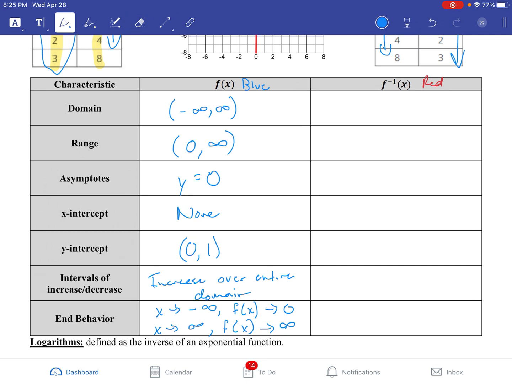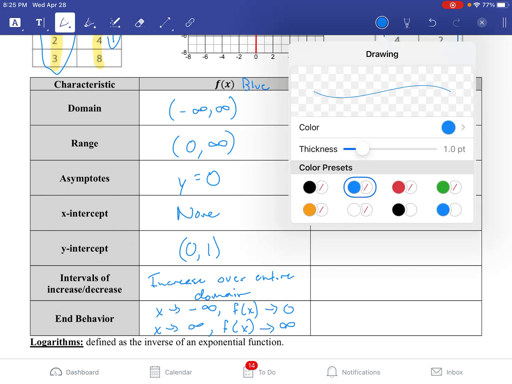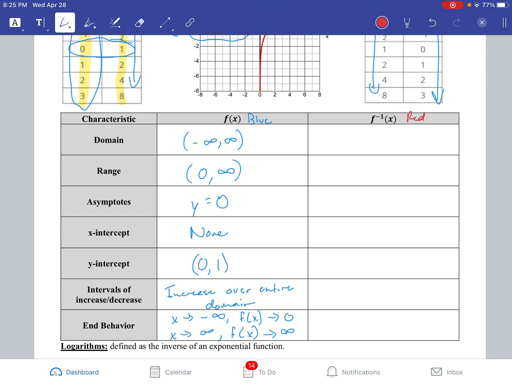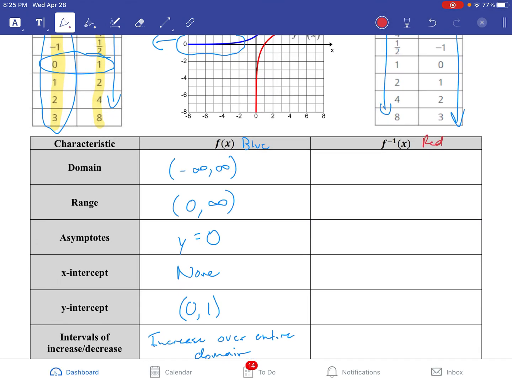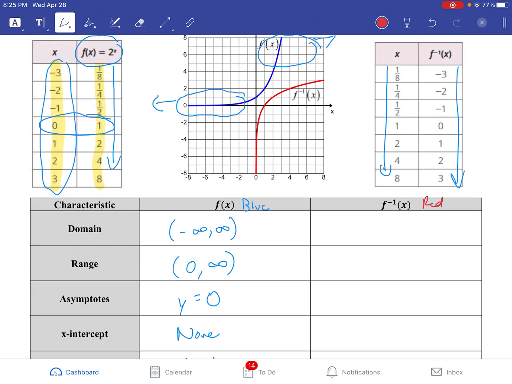Okay. Now let's look at the red graph, the inverse of our exponential function. So the domain, what x values exist in this graph? Well, it looks like the x values start actually at 0 and go towards infinity. Nothing on the red graph exists over in this area. So our domain is going to be kind of like the range of the blue graph, 0 to infinity.